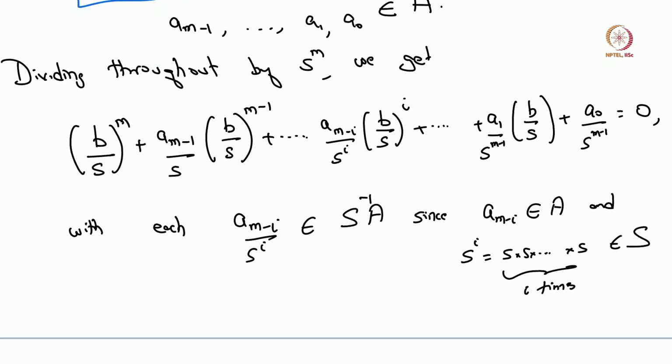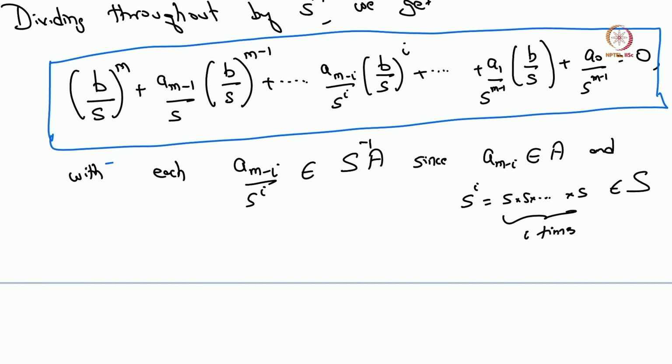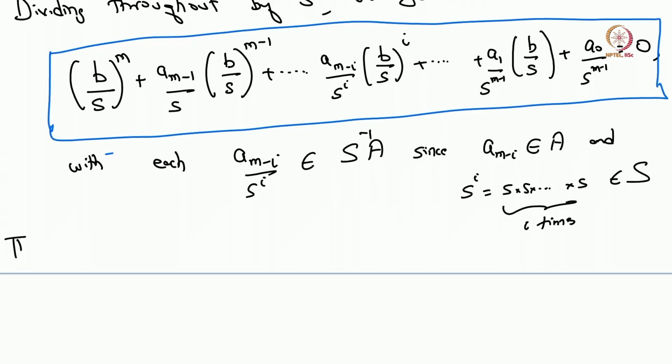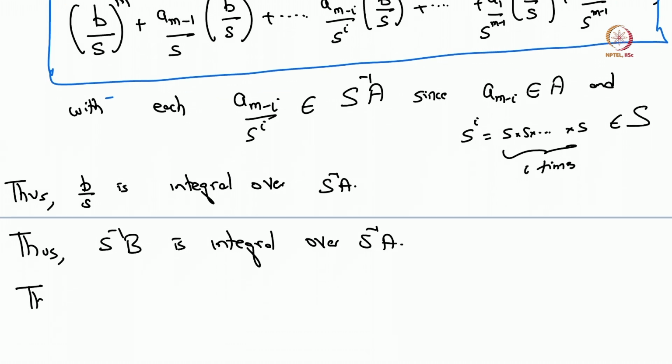Okay, so what we get is a monic equation satisfied by b over s, where the coefficients are in the localization S inverse A, and so thus b over s is integral over S inverse A. So thus the localization S inverse B is integral over the localization S inverse A, and this completes the proof of the lemma.